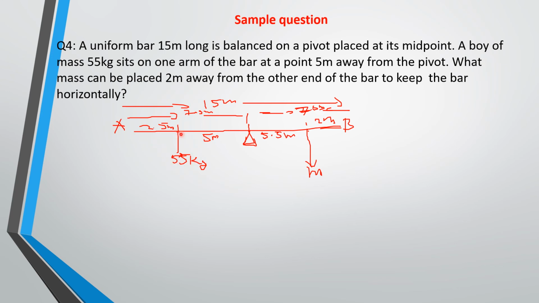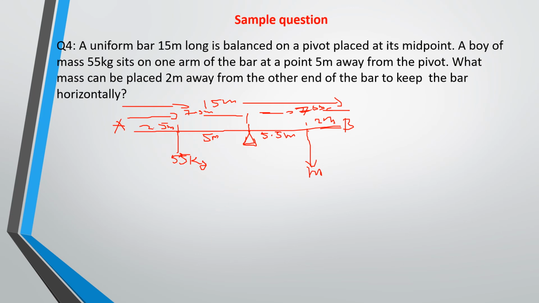On this side, if this is 5 meters, then this side is 2.5 meters. Once you have interpreted it like this, every other thing is simple.